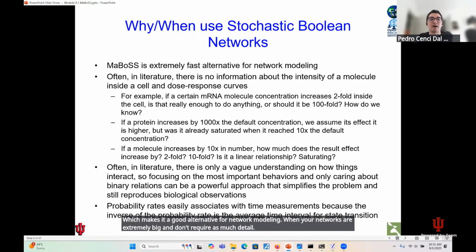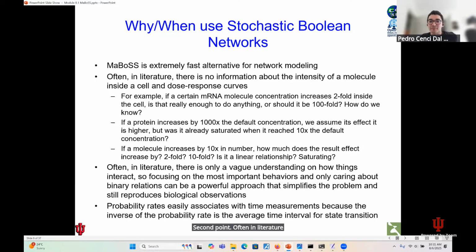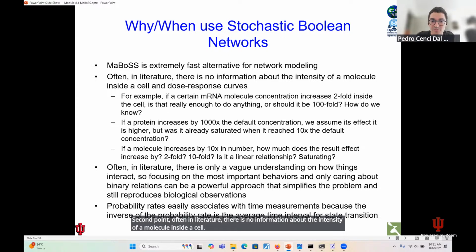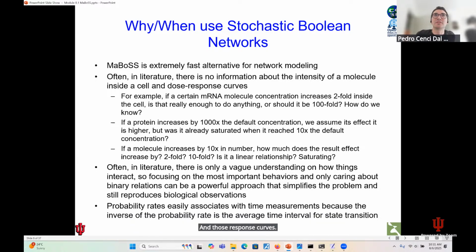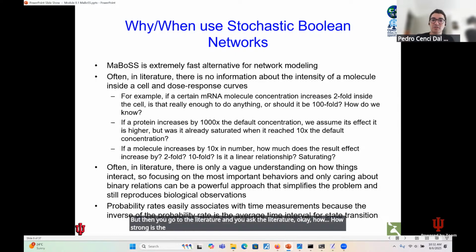Second point, often in the literature there is no information about the intensity of a molecule inside a cell and those response curves. When you are using an ODE model to represent molecules, genes, transcription, etc., you care about the level and the intensity of that molecule. But then you go to the literature and ask, how strong is the effect of this molecule, or what is the amount of this molecule?